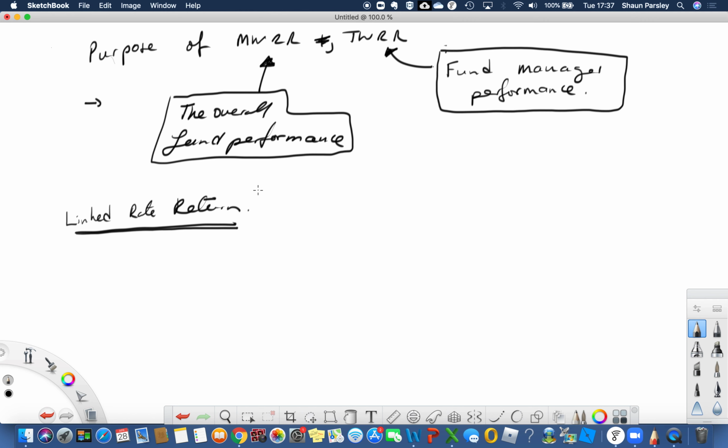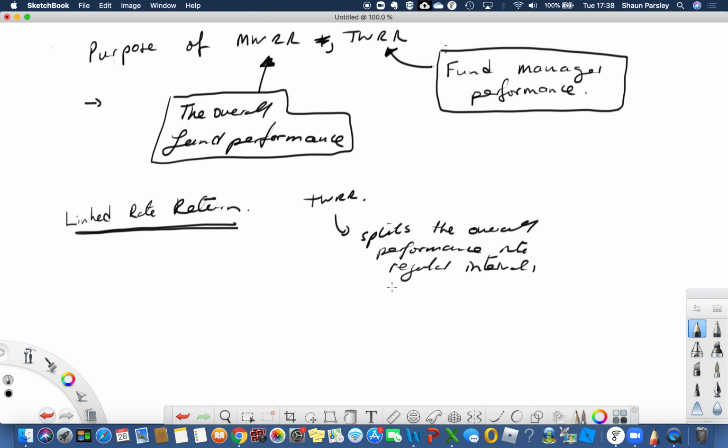What happens with the linked rate is that it is very similar to the time weighted, but it splits the overall performance into regular intervals, even when there are no cash flows involved.